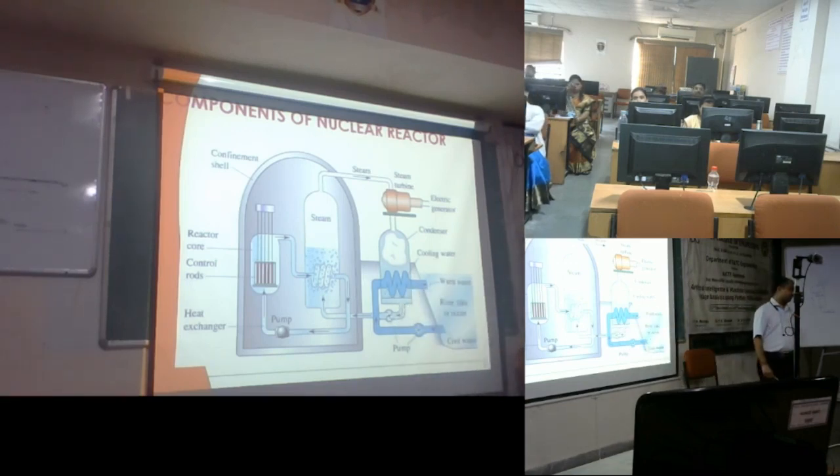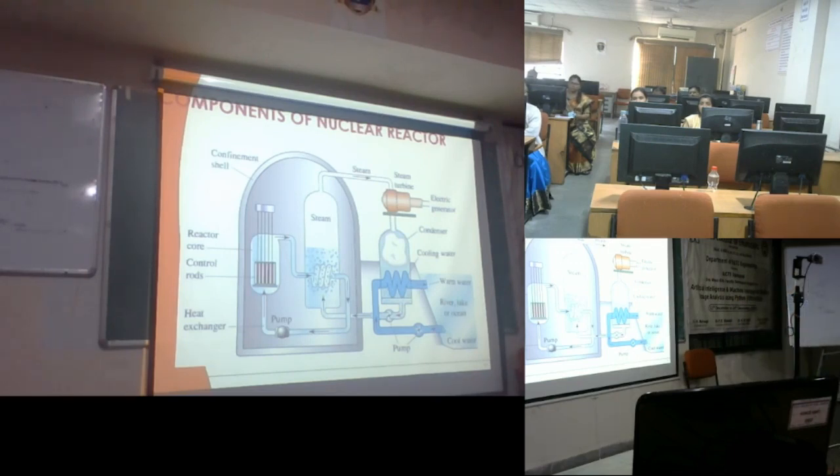Generally we try to install or construct our nuclear power plant near natural water bodies like oceans or rivers. If that is not possible, then we have to create our own cooling towers, okay. So that option is also available. This is the typical working mechanism of the nuclear reactor.